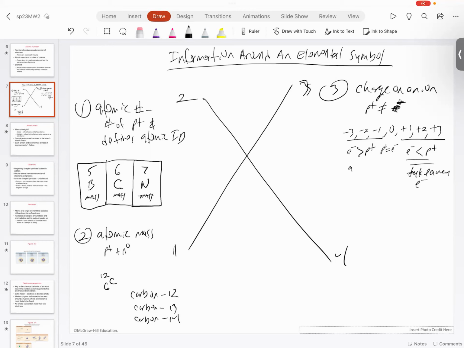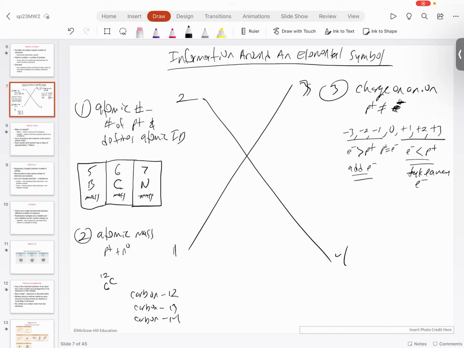If you add electrons here, you get negative charge. But notice what you never do. You never add or take away protons because that would change who you are.